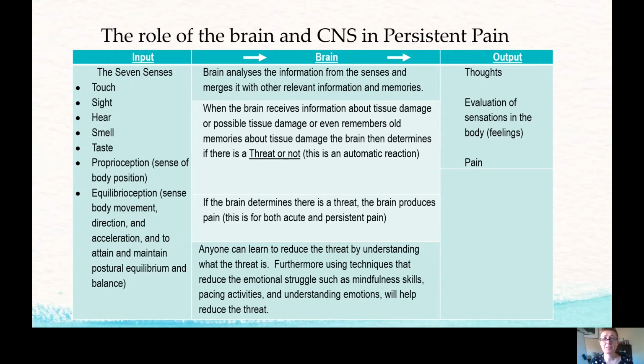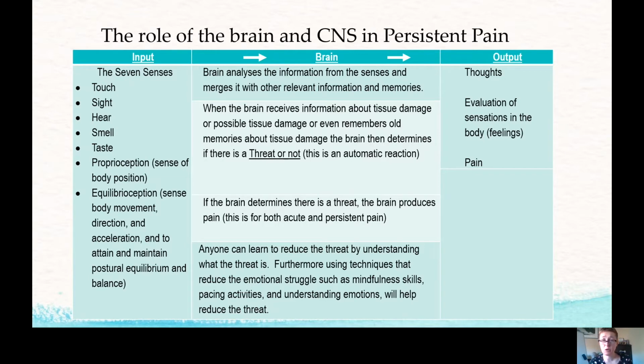So in the context of persistent pain, or actually any pain, when your brain receives some information, particularly information about tissue damage or even the possible threat of tissue damage, or even just remembering old memories of tissue damage, it will determine if there's a threat or not, if touching that fire is going to be a threat or not.